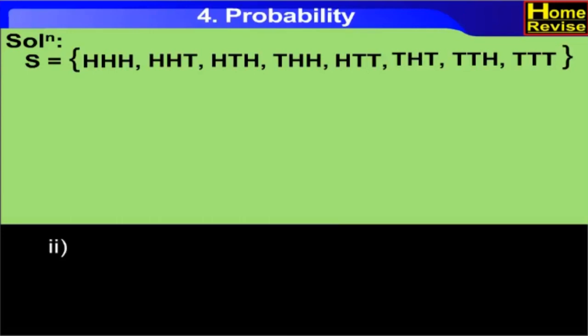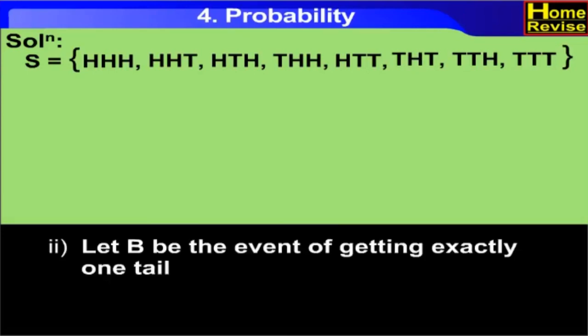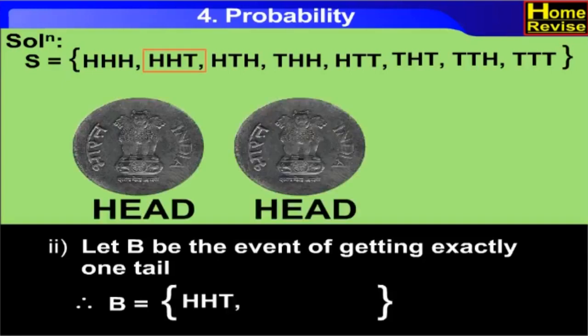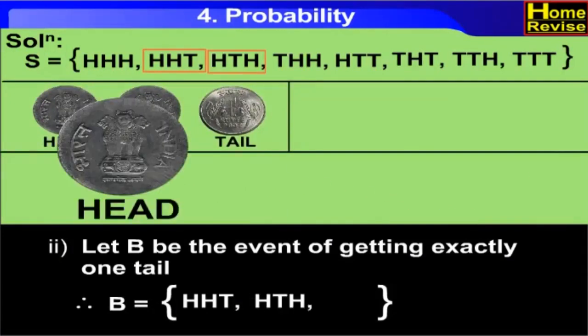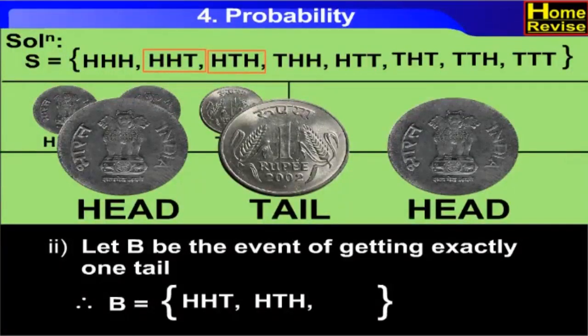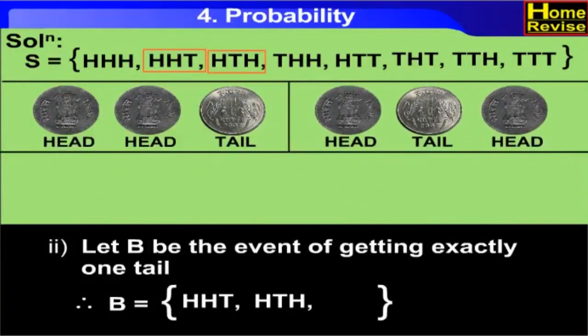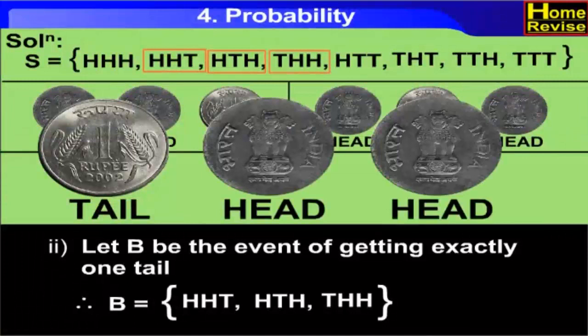Number 2. Let B be the event of getting exactly one tail. Therefore, B is equal to {HHT, HTH and THH}.